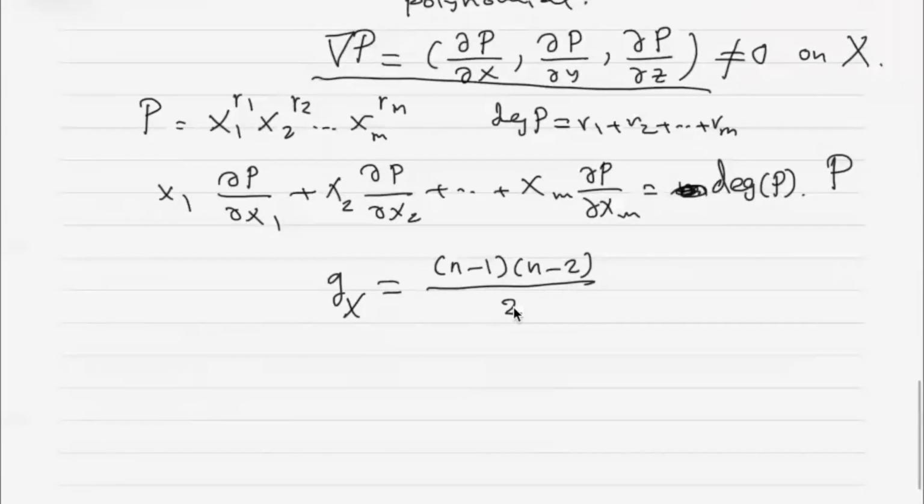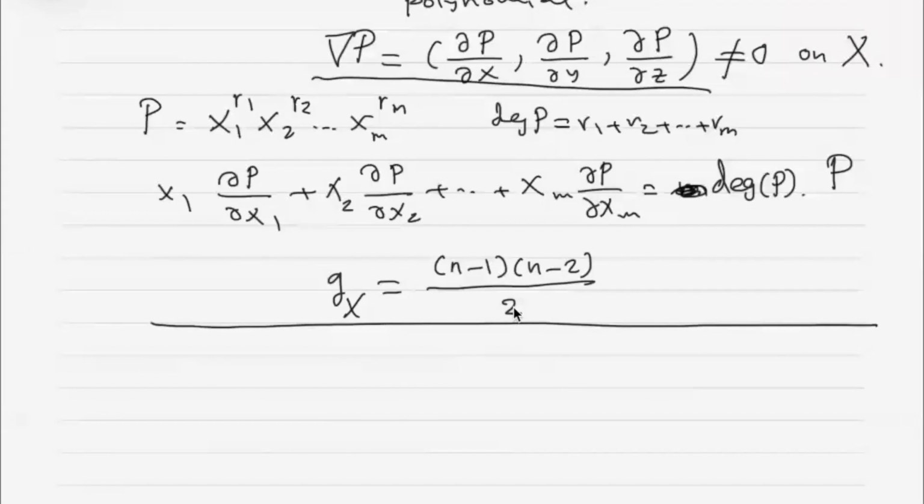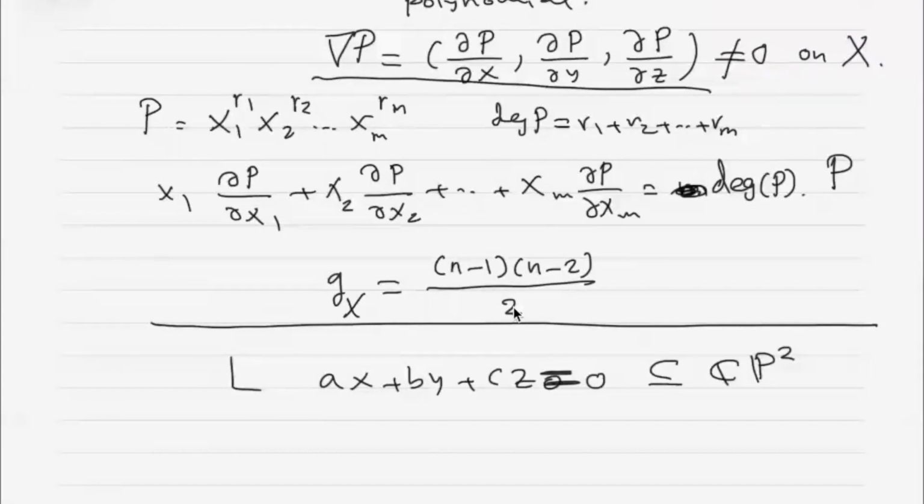All right, so what did we do in the last lecture? We took a line ax plus by plus cz equals 0 inside CP2, and then intersected this line with X. It's going to have some finite number of points as its intersection.